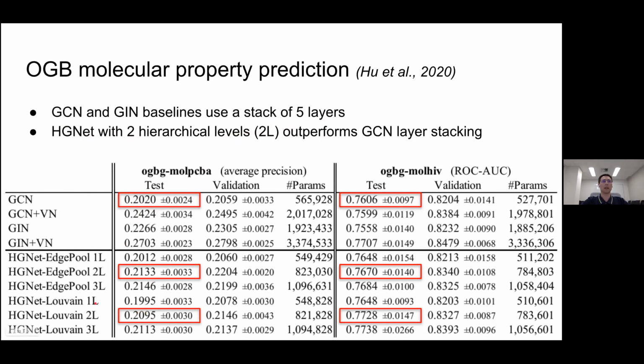And irrespective of whether we use the edge pooling or Louvain to actually compose the hierarchical graph. For MOL-HIV, it's the same case, but MOL-HIV seems to also not be such a difficult benchmark in the sense that the performance of all these models is relatively similar.